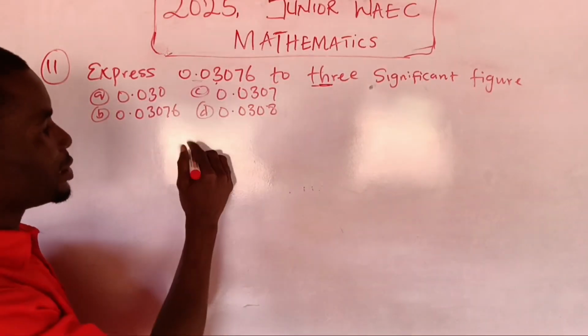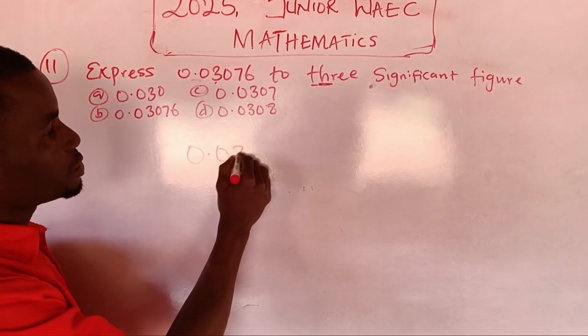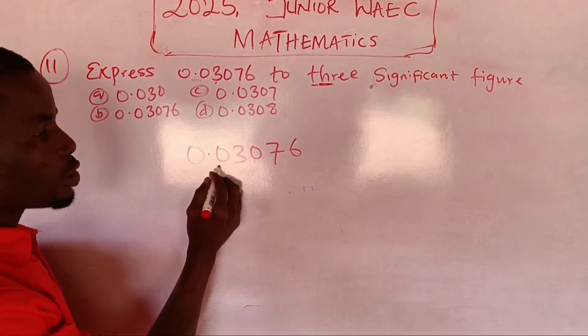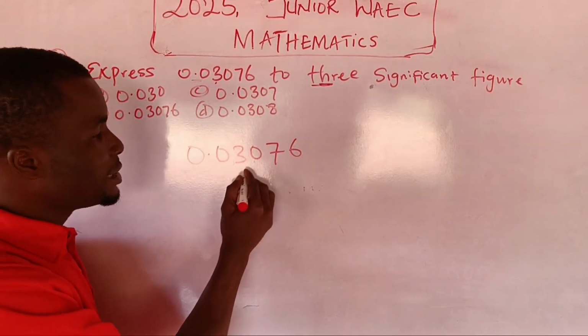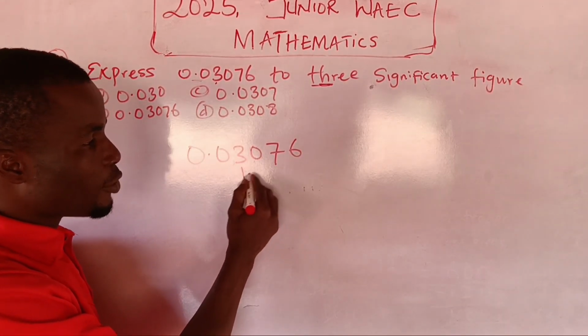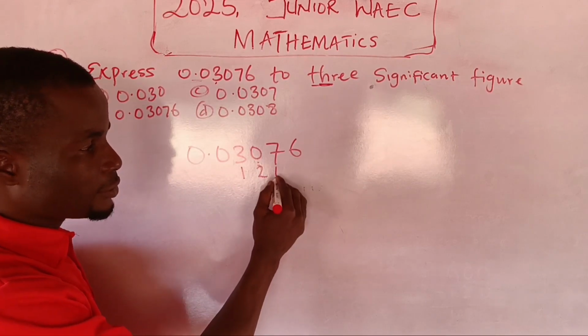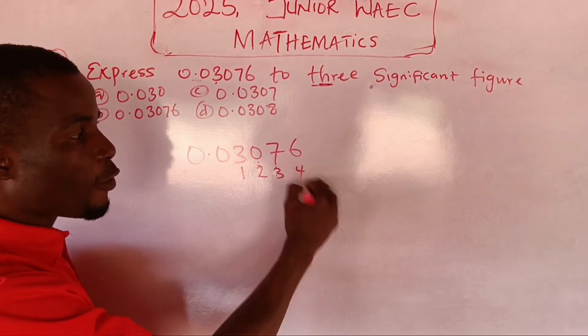So now let's write down the figure. We have 0.03076. So you don't start from here when counting. You start from where the number starts. This is significant figure 1, significant figure 2, significant figure 3, and this is significant figure 4.